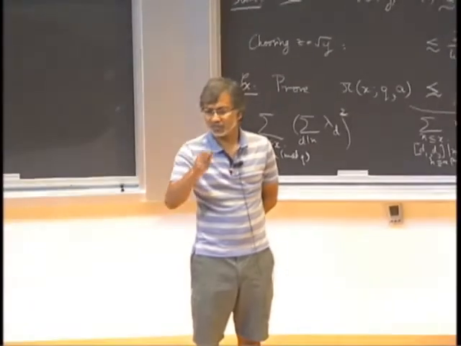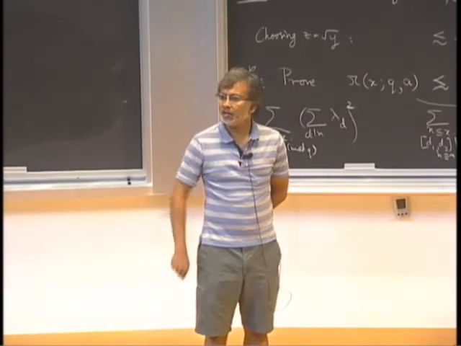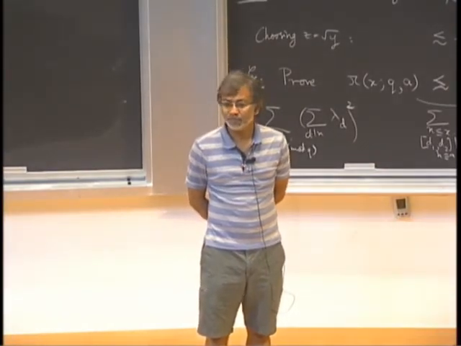So last time we had this change of variable going from the lambdas to the x's, and I told you how to choose the x's, right? And the x's were chosen to be essentially like the Möbius function, right? The Möbius function times L over phi L or something like that. Yeah?